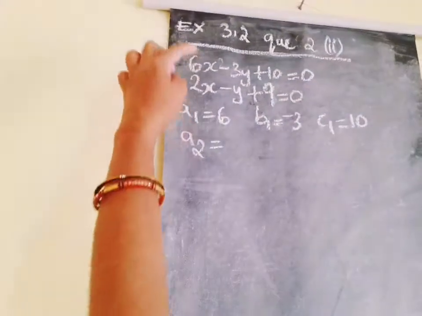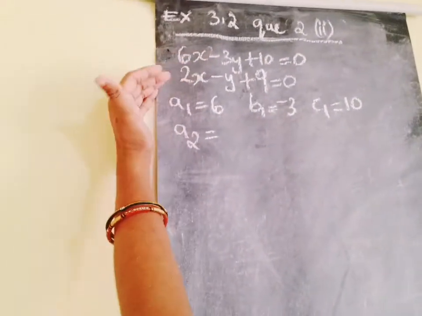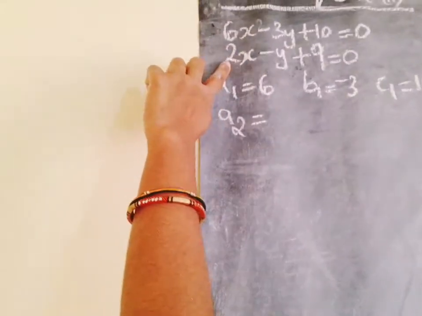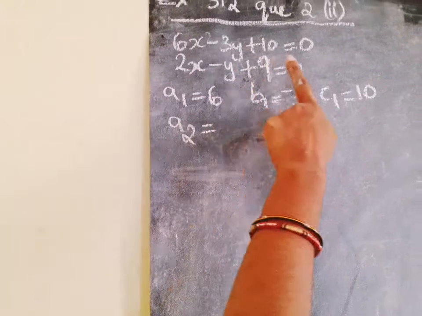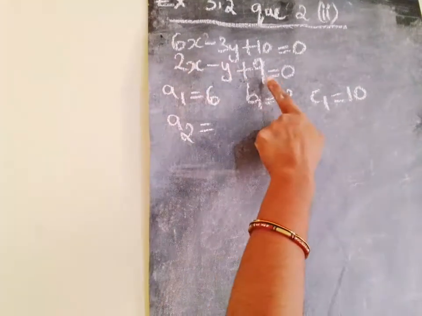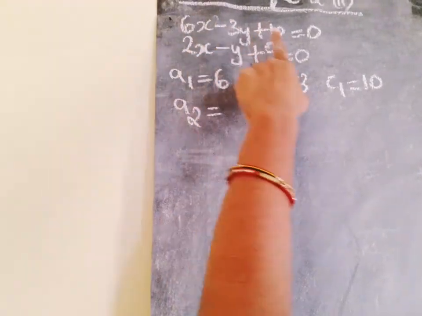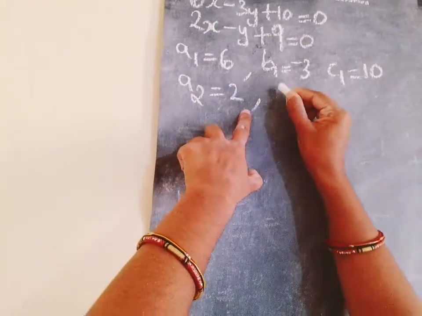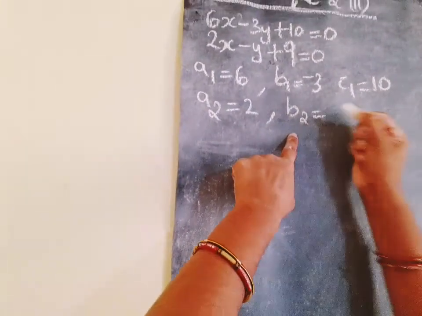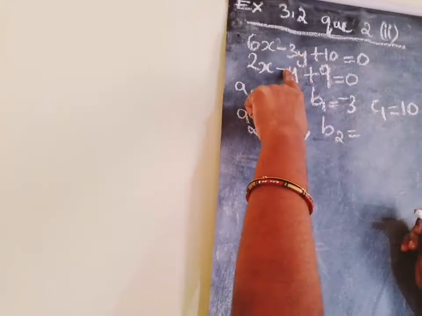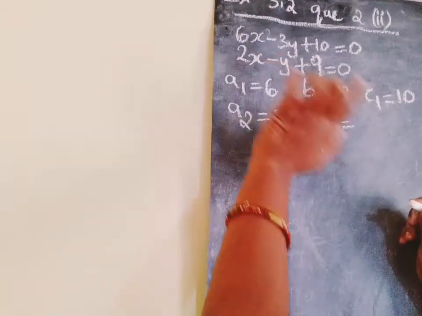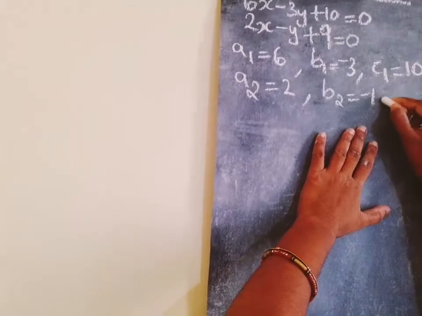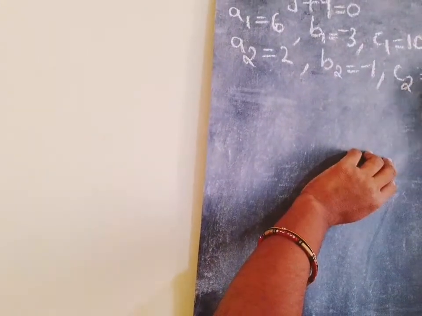This is our first linear equation, and this is the second linear equation in two variables. So a2 is 2, and b2 is the coefficient of y, so it is minus 1. And c2 is 9.